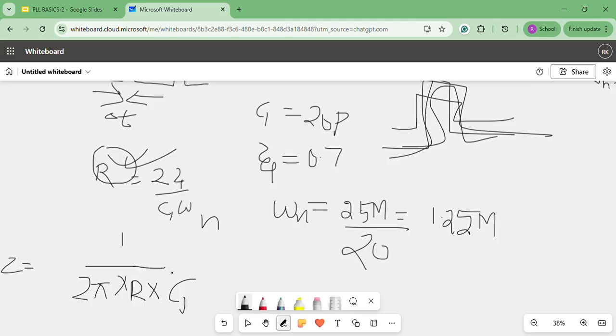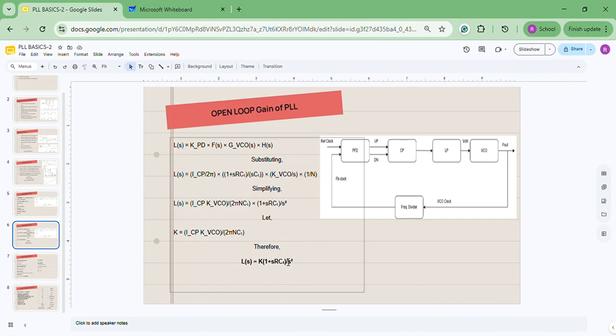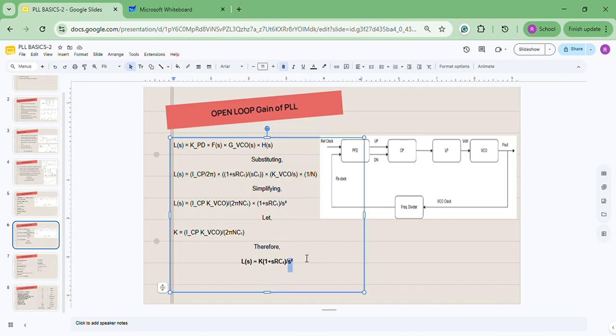And our poles, as we have discussed, are all at 0 frequency. Both the poles are at 0, which we have already calculated from the open loop transfer function. If we equate this to 0, we'll get both the S values as 0.